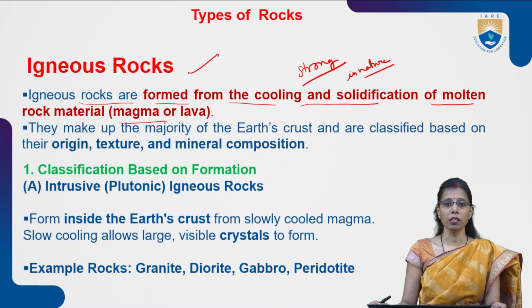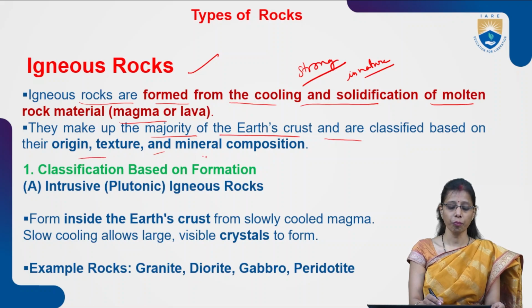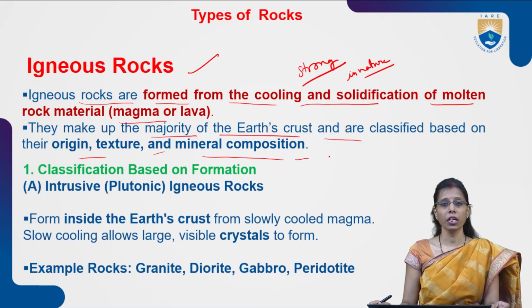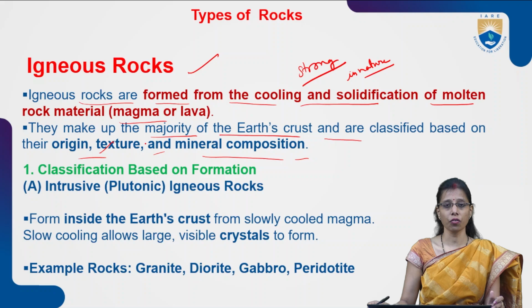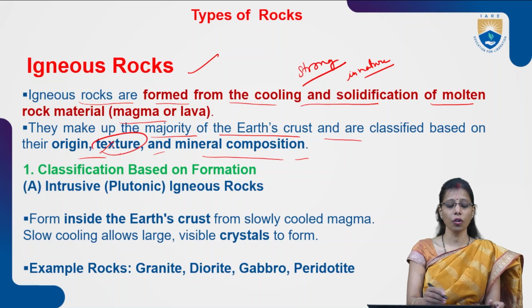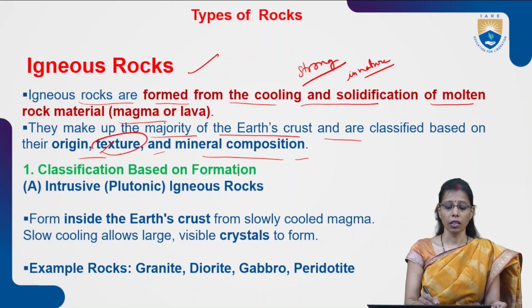They make up the majority of Earth's crust and are classified based on origin, texture and mineral composition. Based on the origin, they consist of different kinds of minerals, and based on the mineral presence, the texture of the rock will differ.